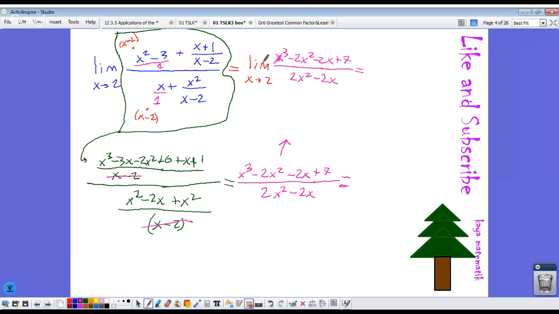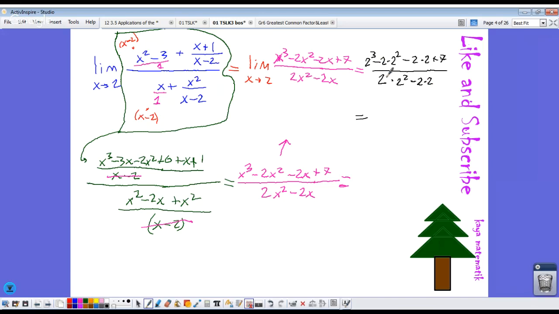So right now this is a limit question. When x approaches 2, put the number 2 instead of x. 2 cubed minus 2 times 2 squared minus 2 times 2, and plus 7, over 2 times 2 squared minus 2 times 2.